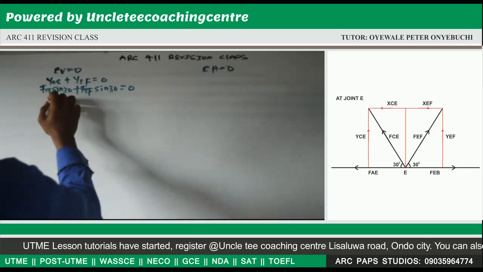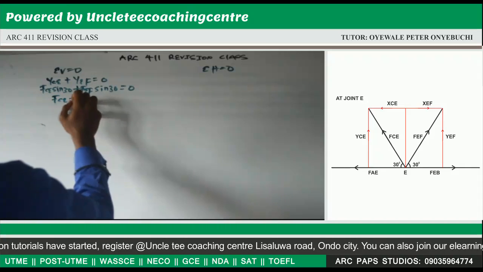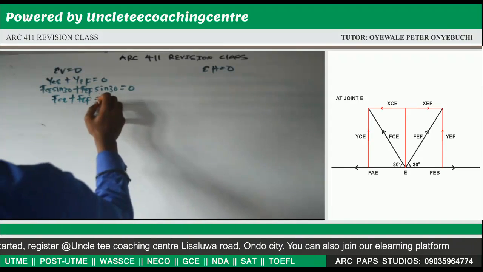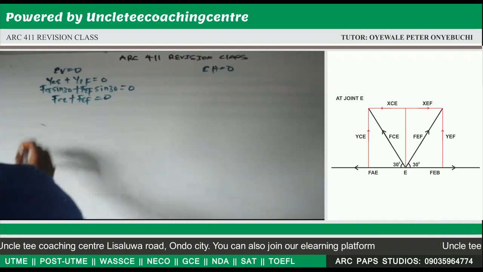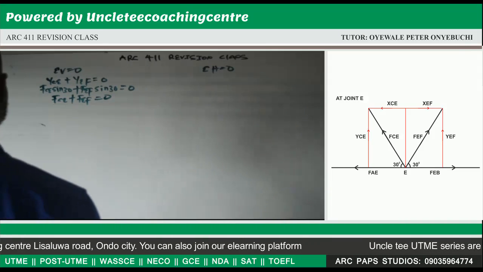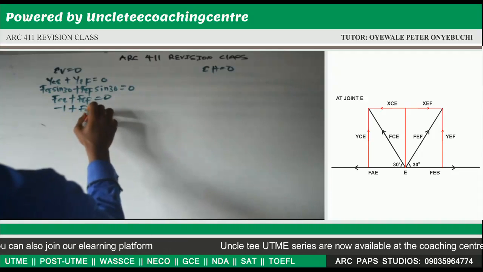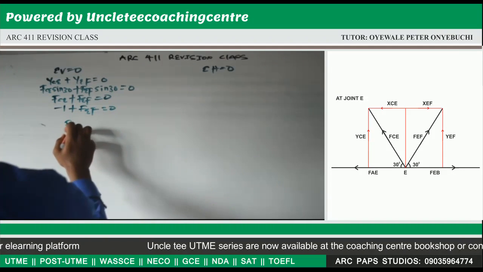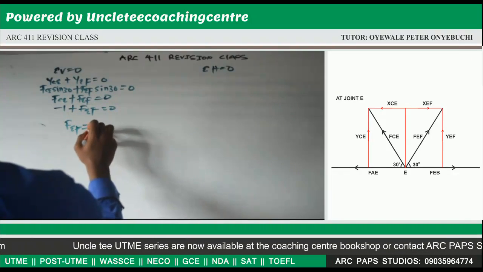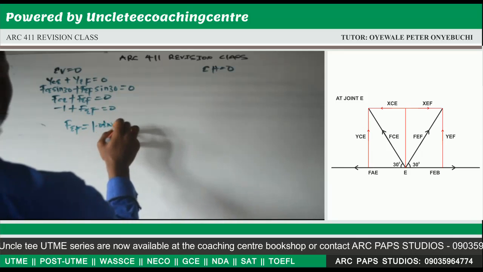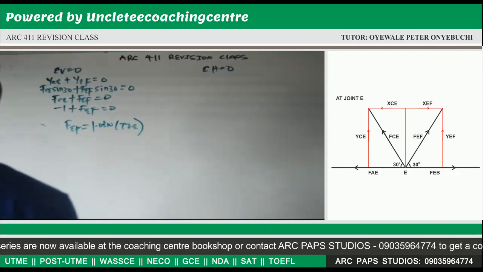Now it means that FCE plus FEF is equal to 0. Now since we have gotten our FCE to be minus 1, so this will be minus 1 plus FEF is equal to 0. Our FEF will then give us 1.0 kilonewton, which is a tie.